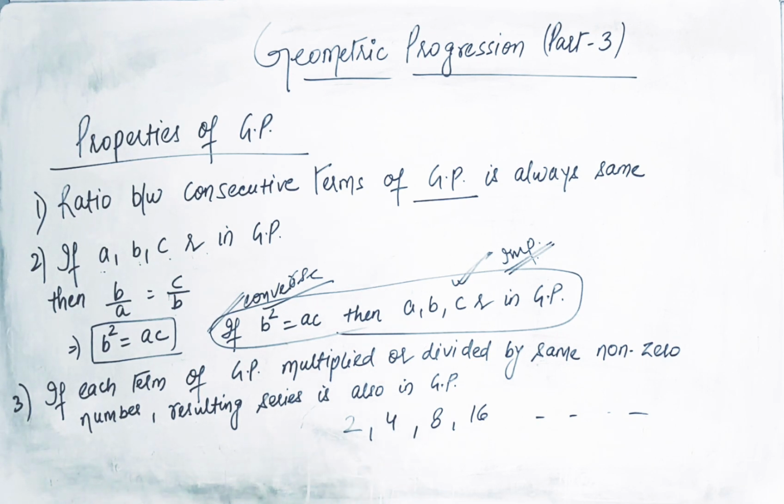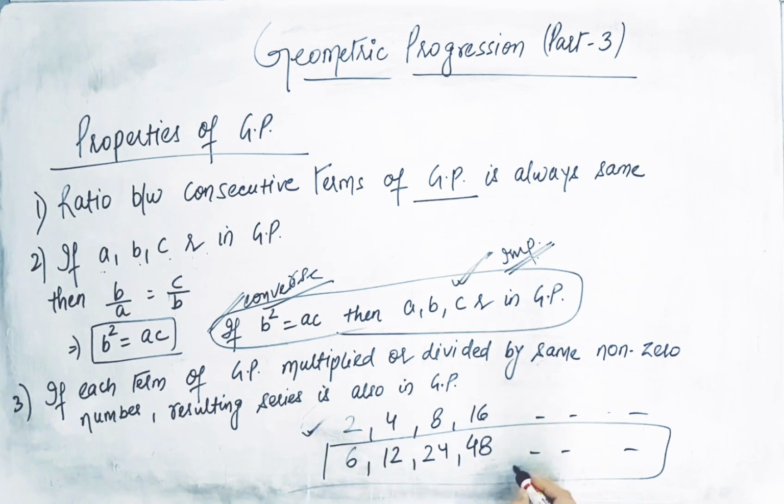Now if I multiply this by the same non-zero number, let's suppose 3, so 3 into 2 we get 6, 3 into 4 is 12, 3 into 8 is 24, 3 into 16 is 48. Thus the series obtained by multiplying a GP is also in GP.